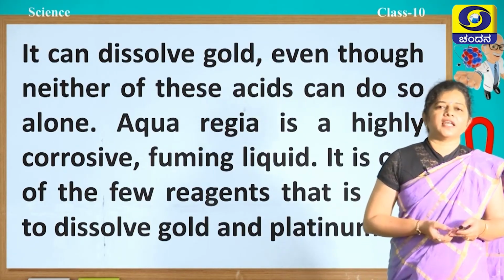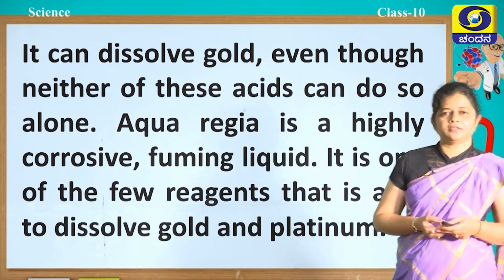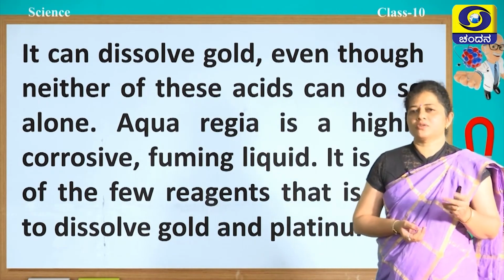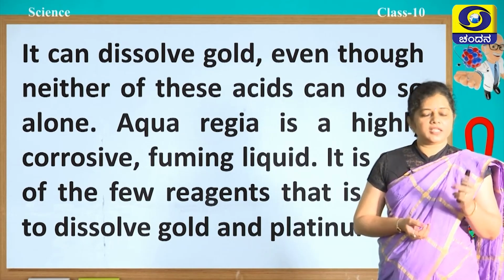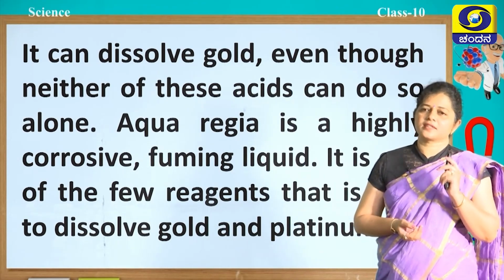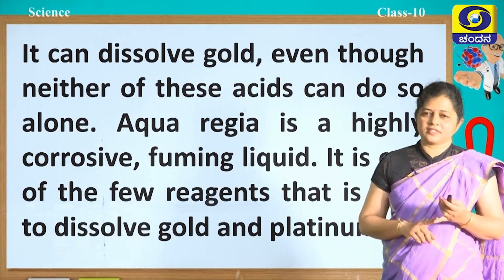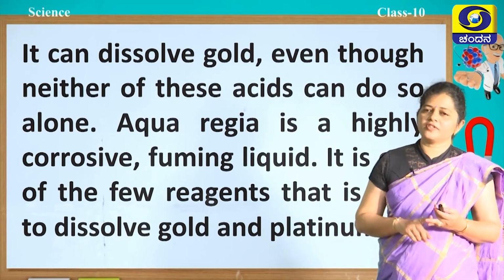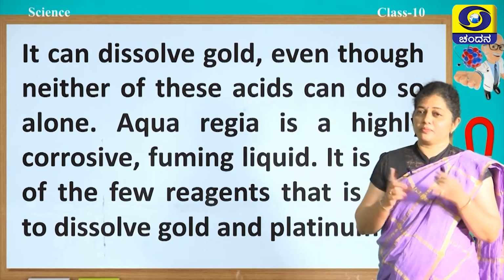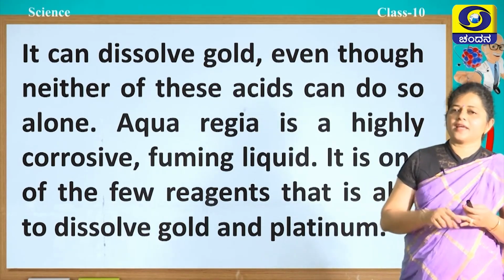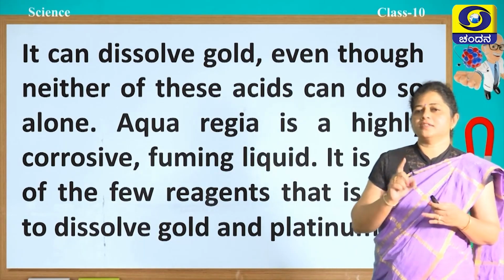Now, what is the speciality of this mixture? Aqua regia can dissolve gold even though neither of these two acids can do so alone. You cannot react gold with concentrated hydrochloric acid nor with concentrated nitric acid, but when you mix them together and react it with gold, it definitely reacts with it.